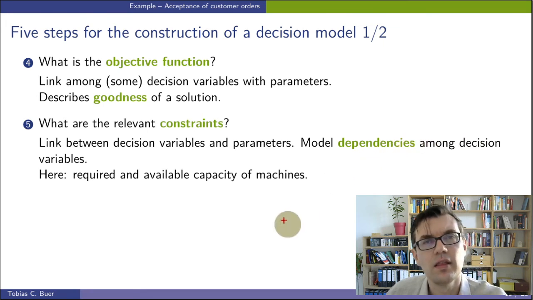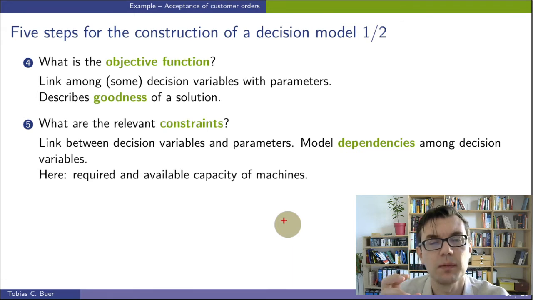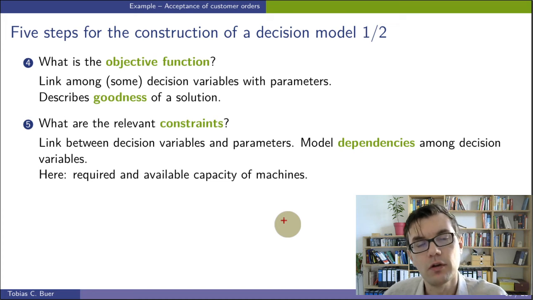And in this example, the constraint is that we are not allowed to exceed the capacity of a machine. We can only accept so and so many orders until we reach the capacity limit of a machine. It is possible to use a machine with a lower capacity, but we are not allowed to exceed the capacity of a machine. And we have two machines, so we have this constraint for machine number 1 and one for machine number 2.